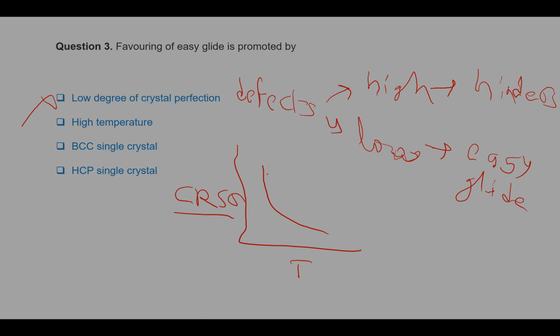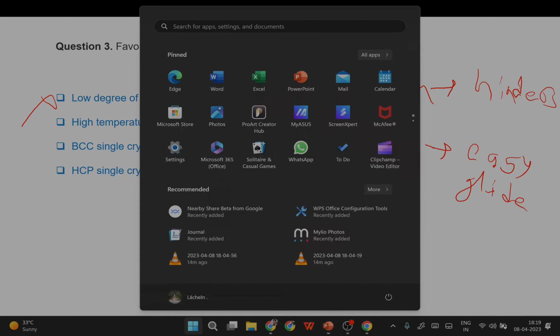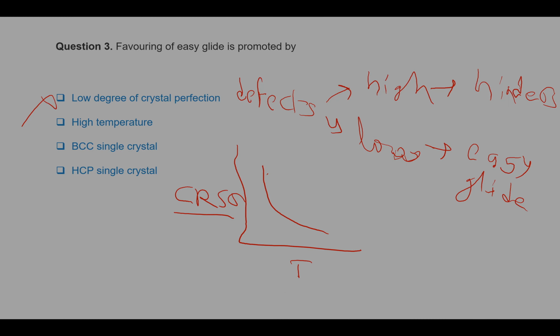So that means it is also not possible. Then the single crystal option is also not possible because easy glide is not promoted in that crystal system, and HCP will be the final answer.